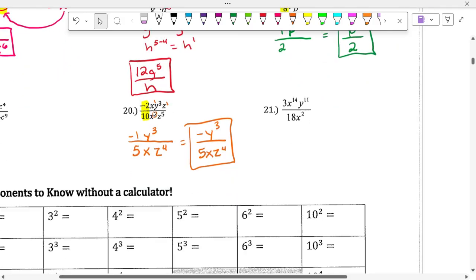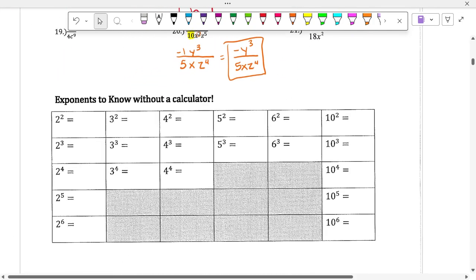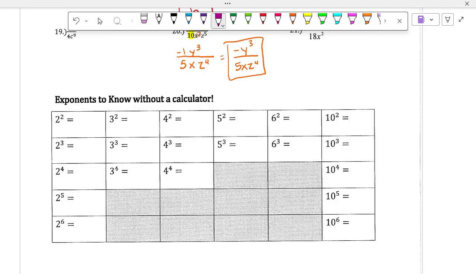Now, last thing to note, these are a couple of powers with numerical bases that you should get used to knowing off the top of your head. Now, you can always double check in a calculator later, but I'm just going to tell you what they are.